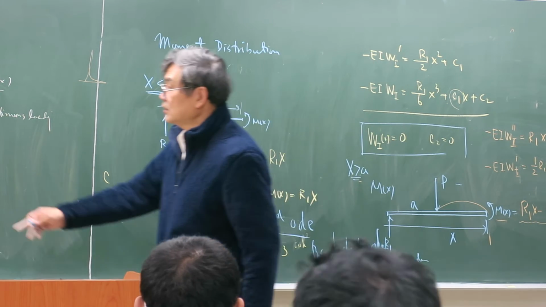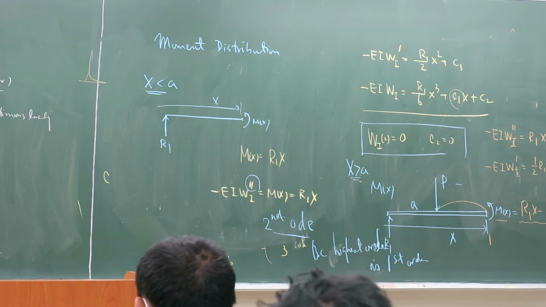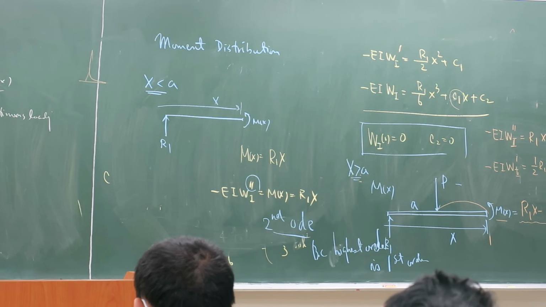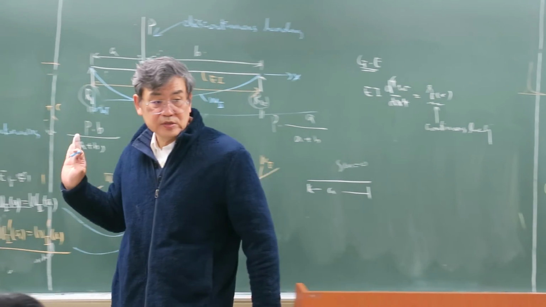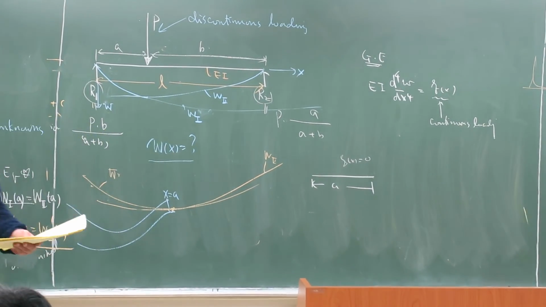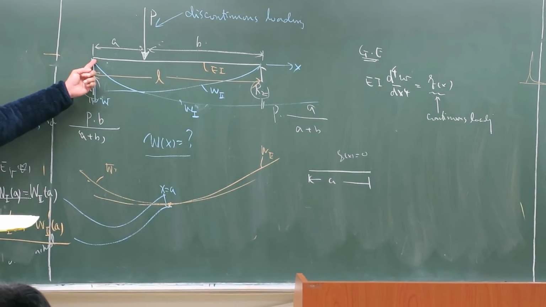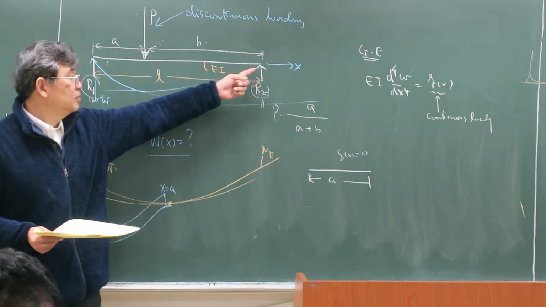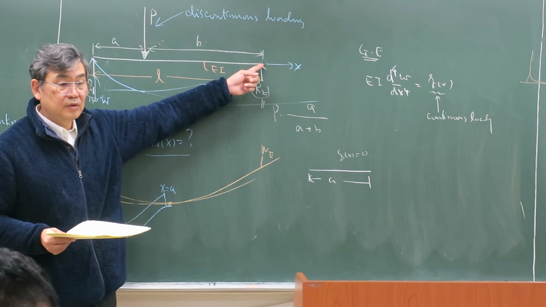So I can just use displacement and slope. I cannot use moment here, because moment is related to the second order derivative. And here also I cannot use moment because of it.